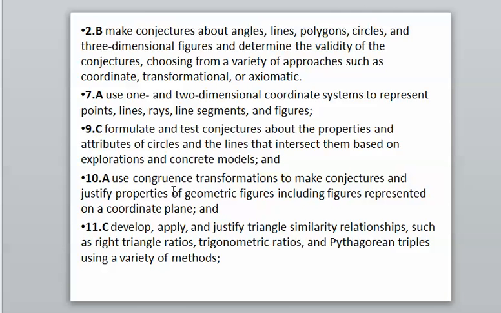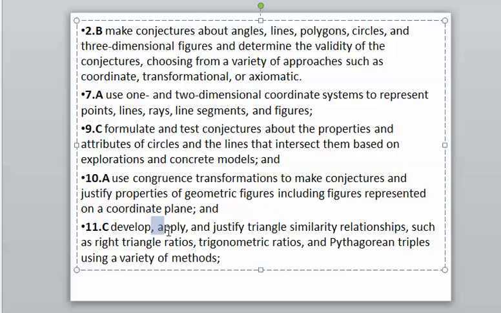Look at what we're doing. We're using geometric figures, this one down here: developing, applying and justifying triangle similarity relationships, as well as right triangles, trigonometric ratios, and Pythagorean triples in a variety of methods. That's what we're doing. And we're using congruent transformations and conjectures.